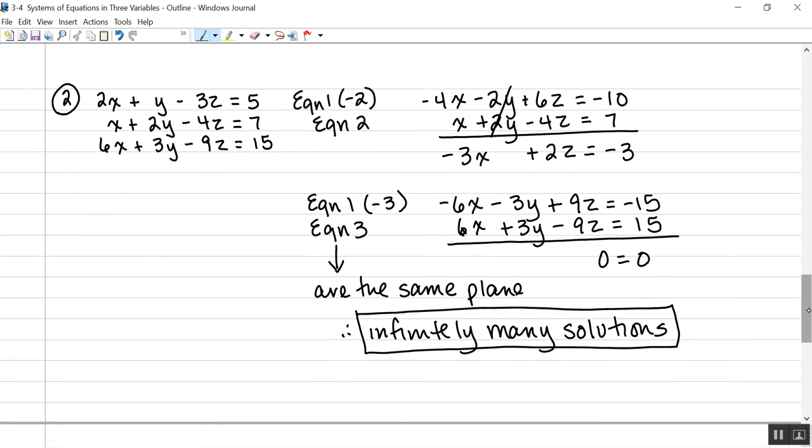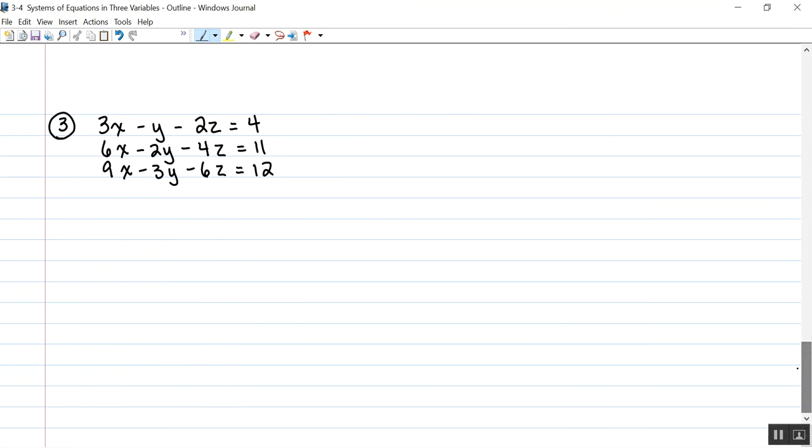Okay, and let's take a look at the last example here. Here we have another system of equations, and I think maybe I'll try to eliminate y again. I don't know why I feel like eliminating y, but I do. So equation 1, I'm going to multiply that by a negative 2, and equation 2, I'm going to leave the same.